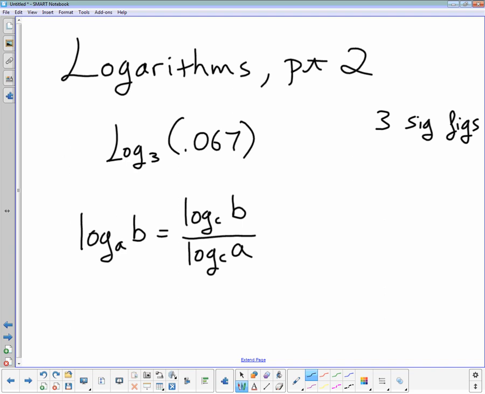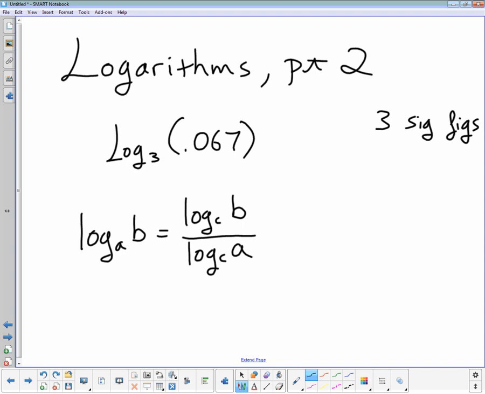And in fact, let's do this. Everyone on this side of the room use natural log. Everyone on that side of the room use base 10 log. Your intermediate values will be different for the natural log people.